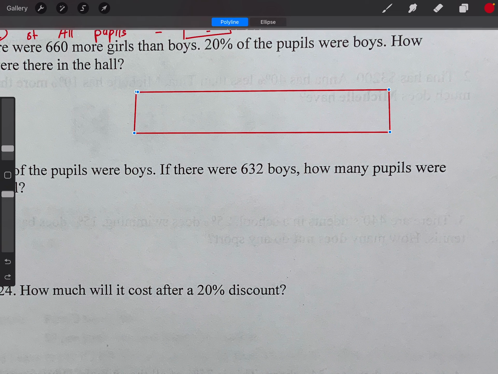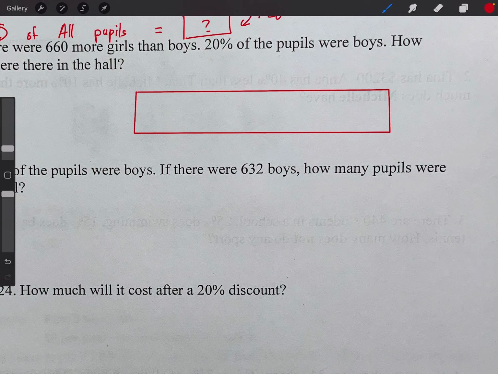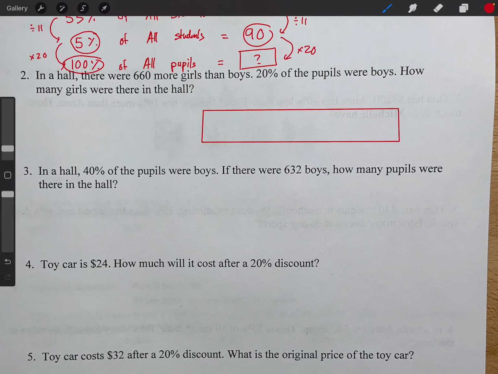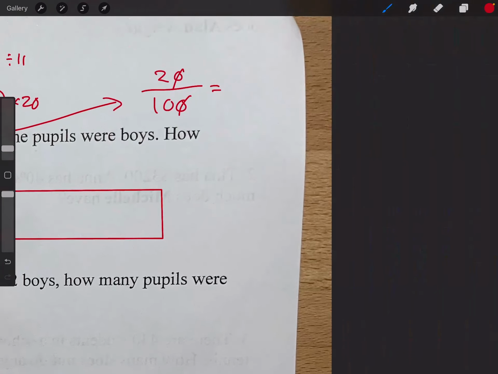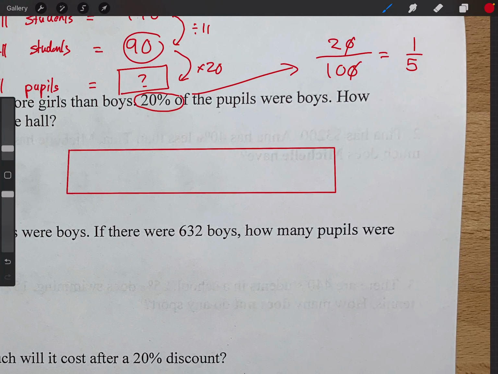Something like that. Now, it says 20%. What's 20% as a fraction? That'll be 20 over 100. Cross out the zeros from top and bottom to simplify it, and we get 1 over 5. So let's divide this into 5 equal pieces.